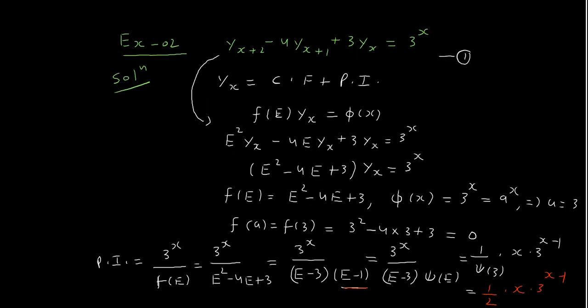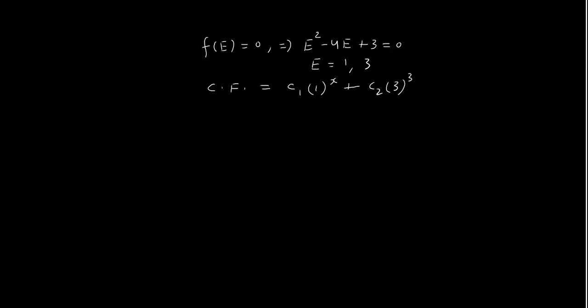Earlier we found the particular integral. The particular integral in this case becomes 1 upon 2 x into 3 to the power x minus 1. So what is the solution?